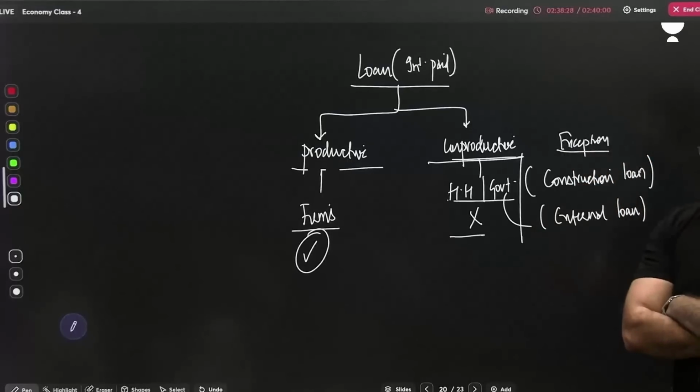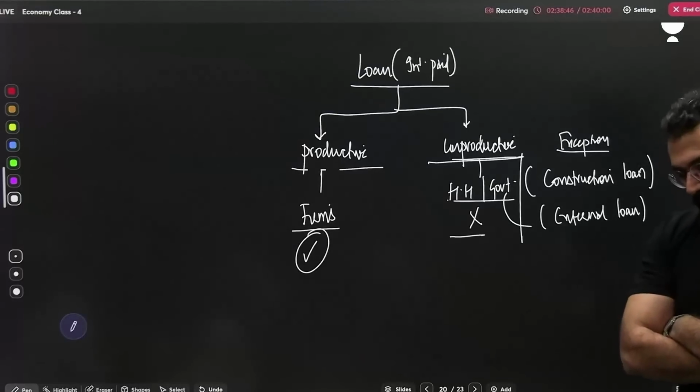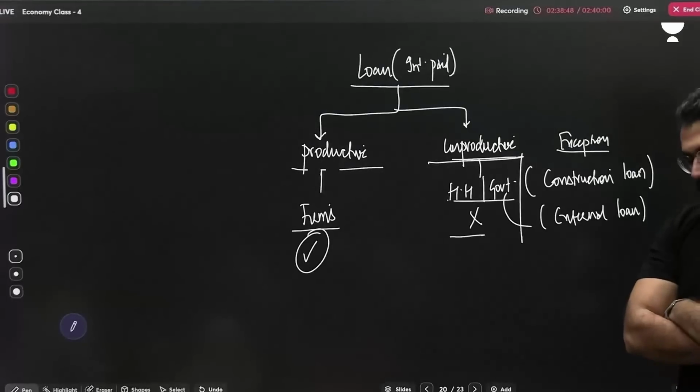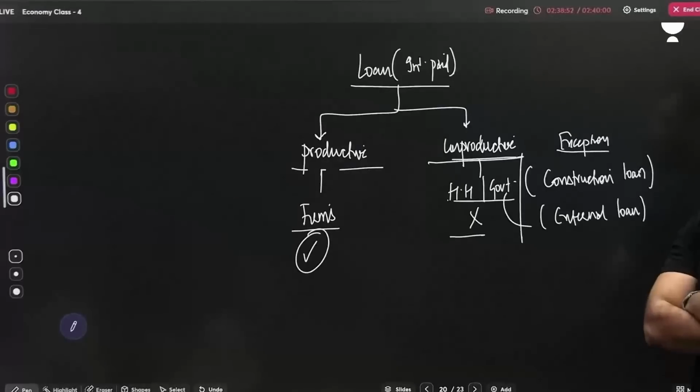In bracket, write down: the exception is construction loan taken by household and external loan taken by government.